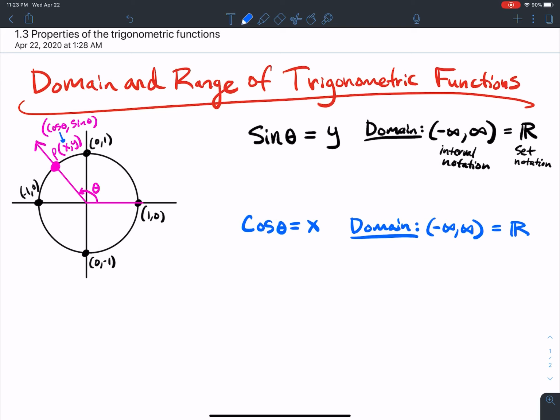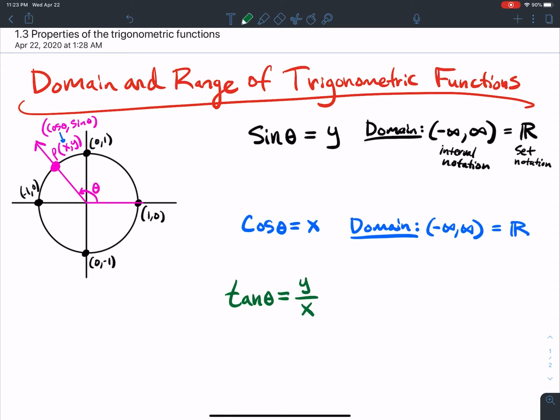What about tangent? Tangent of theta, if you'll recall, is y over x. So is there anywhere that you might accidentally be dividing by 0?